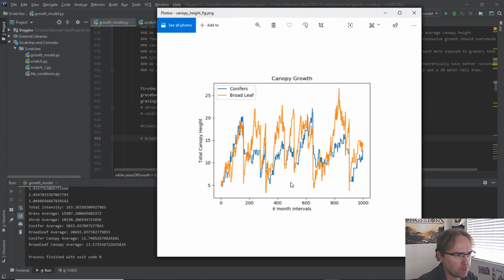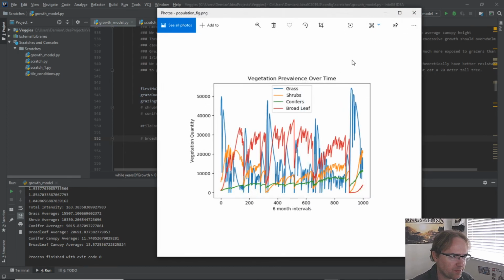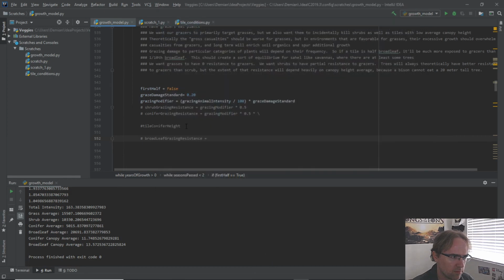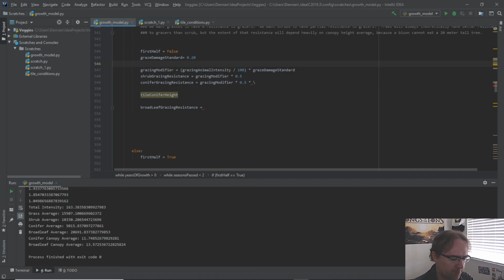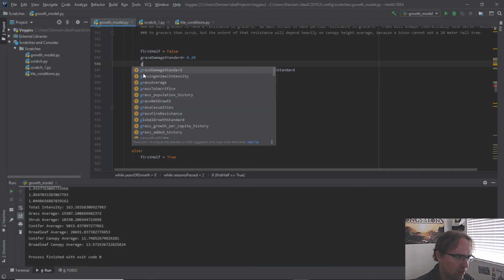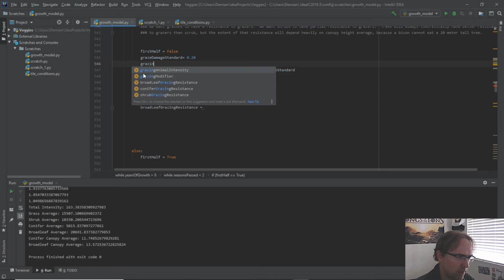So the question is, at what point do we want to cut off the influence of grazers? Maybe 10, 15? I say 15. Well, how about this? Better idea. Why don't we make it modifiable? Grazing canopy ceiling.